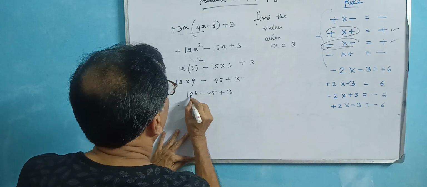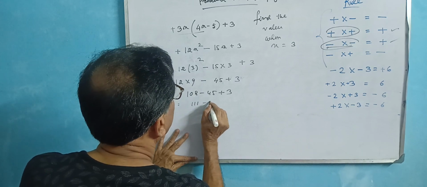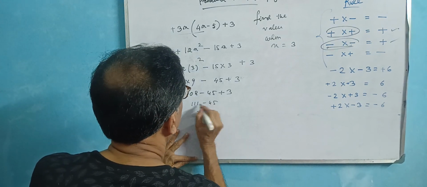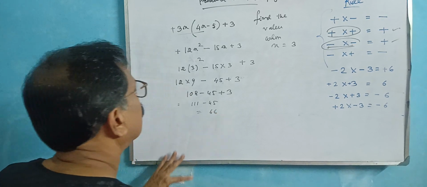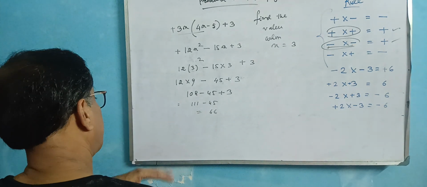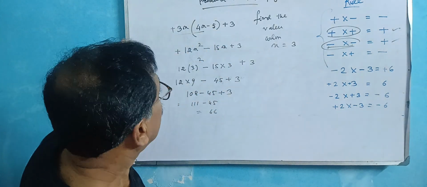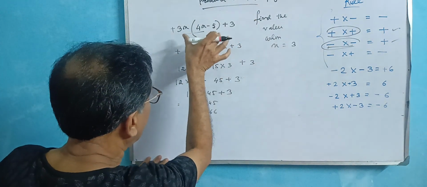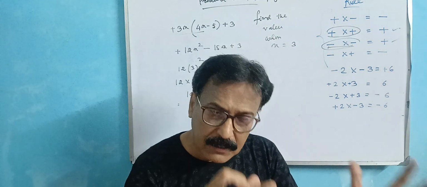So this is 108, so 111 minus 45, that is 66. Okay, clear? First you multiply, then put the value. In this way you solve it.